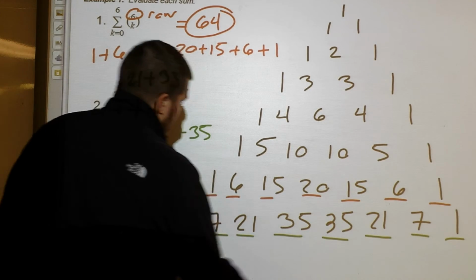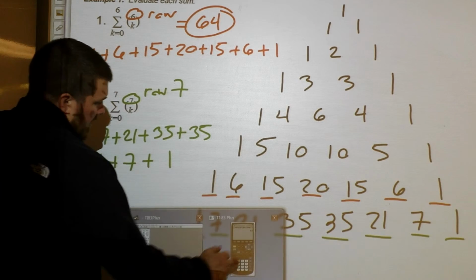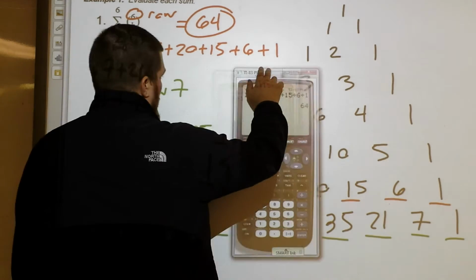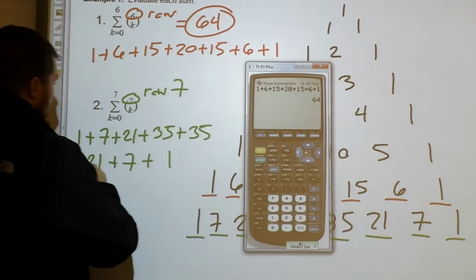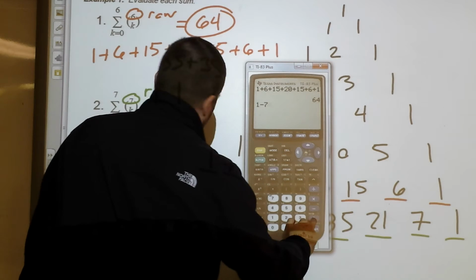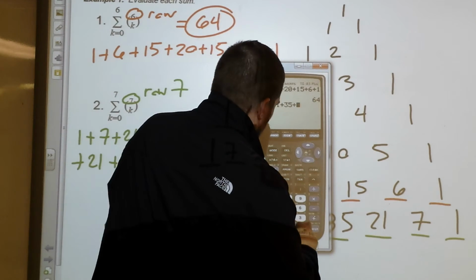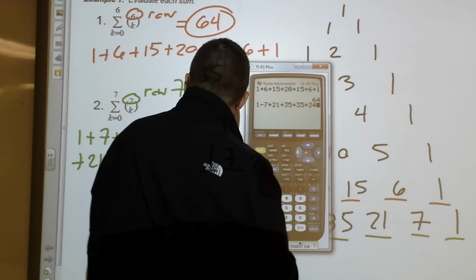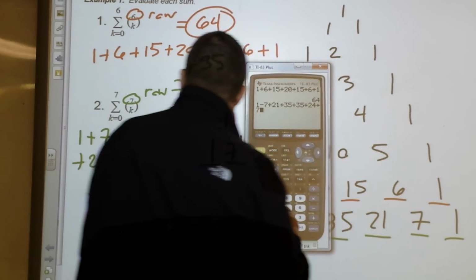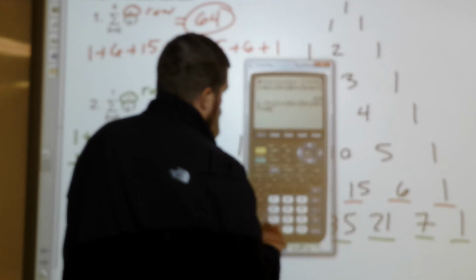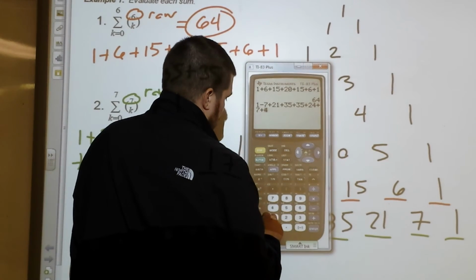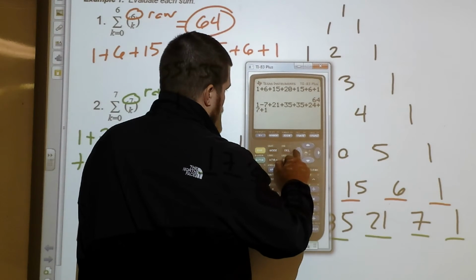Okay, so what I'm going to do now, again, use my calculator because that's a lot of numbers to do. So I have 1 plus 7 plus 21 plus 35 plus 35 plus 21 plus 7 plus 1. Make sure you didn't mess up.